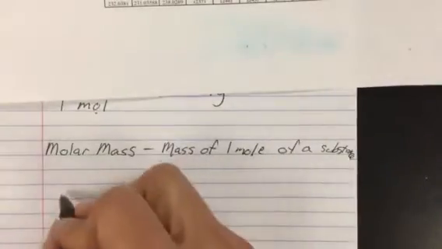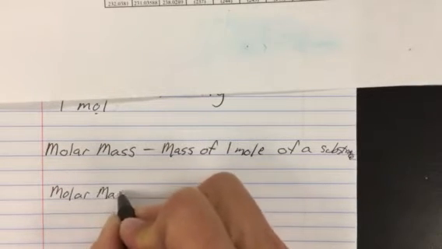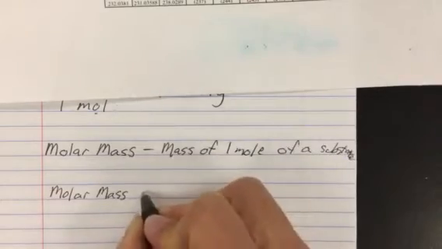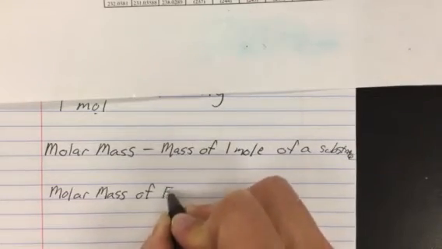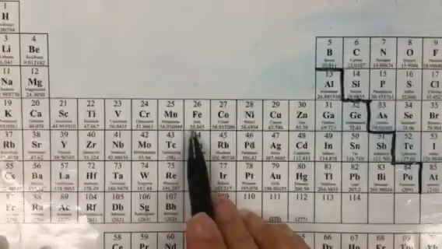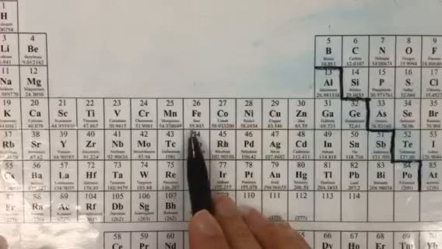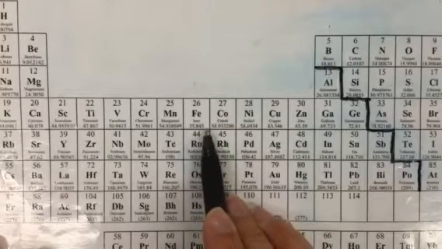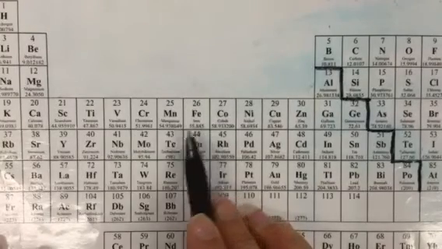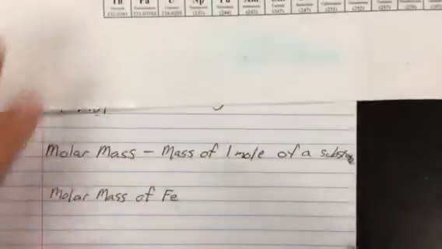So if I want the molar mass of something very simple, like iron, which is a monatomic element, all I have to do is come over here and find the number straight off the table. 1 atom of iron would have a mass of 55.845 atomic mass units, but I don't care about atomic mass units. 1 mole has a mass of 55.845 grams.